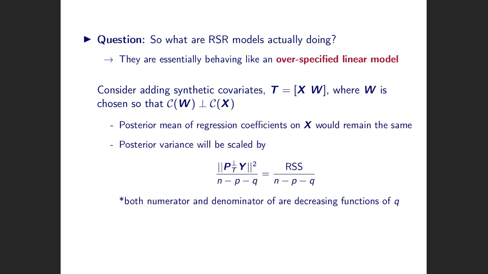So if we do this, the coefficients on x would remain the same, of course, but the posterior variance of the coefficients on x is going to shrink, and they're going to shrink because we've added these synthetic predictors to the model. In particular, we can show that the posterior variance is going to be scaled as follows.